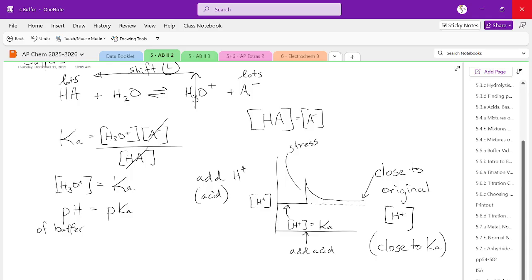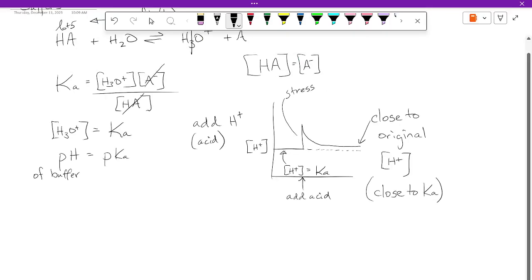So for example, let's pick an acid, shall we? Let's do hydrofluoric acid, HF. The Ka of HF is equal to 3.5 times 10 to the minus 4.